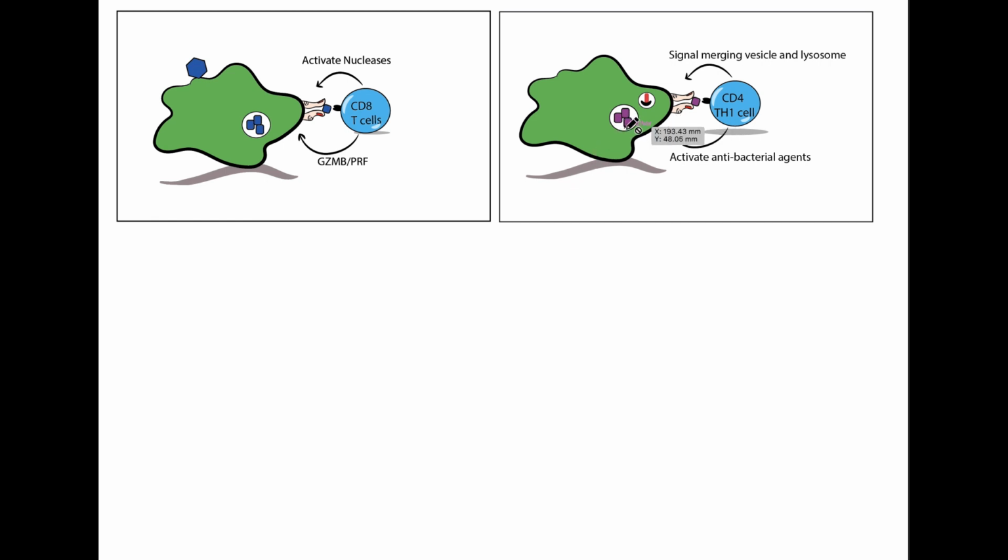Now you have a bacteria that is well engulfed, but this macrophage is not able to destroy it because its lysosome is here, but it's not merging with its vesicle where you have a pathogen. So what the macrophage is doing, just as in the case of CD8 T cells, is presenting bacterial peptides onto the surface.